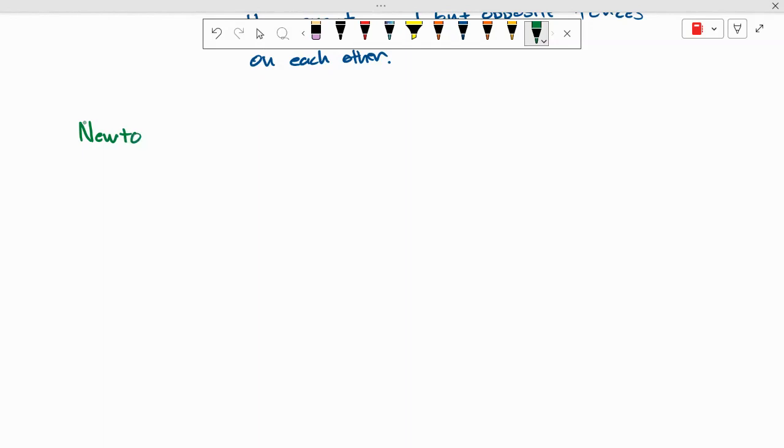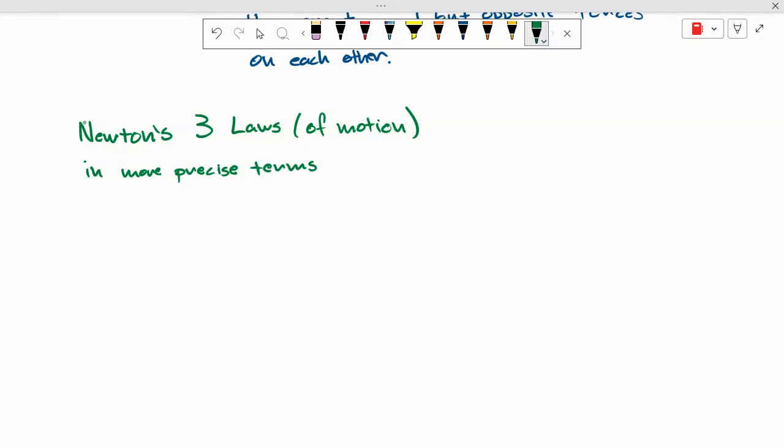We're going to go over the formulations of Newton's three laws of motion in more precise terms. So the first law, in more precise terms, says the following.